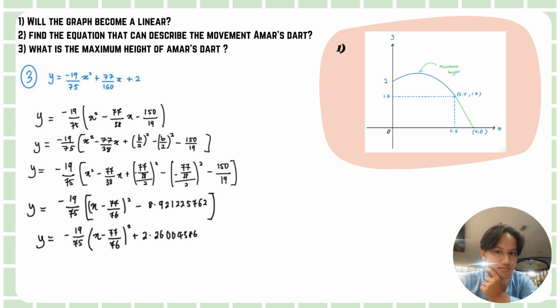Expand the -19 over 75 with all the value in the bracket to become y equals -19 over 75 (x minus 77 over 76) squared plus 2.26004386. Thus, the maximum height is 2.26004386 meters from the ground.